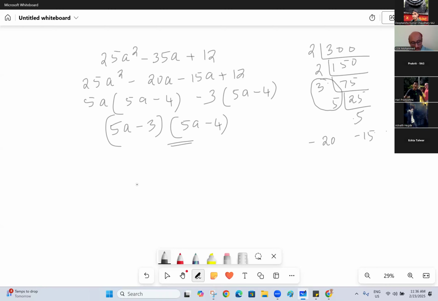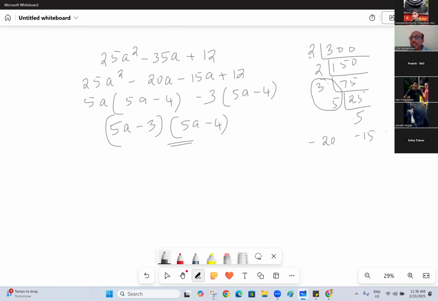Sir, what is the product and what is the sum? Splitting the middle term means you have to find two numbers, the product of which is 25 into 12, that is 300, and the sum of those two must be minus 35. For that, it's better you prime factorize. Then you get various options. You can try 2 into 150, product is same, 4 into 75, product is same, 12 into 25, product same, but the sum is not.